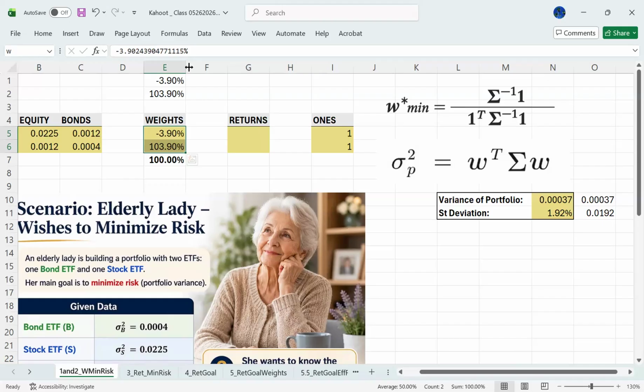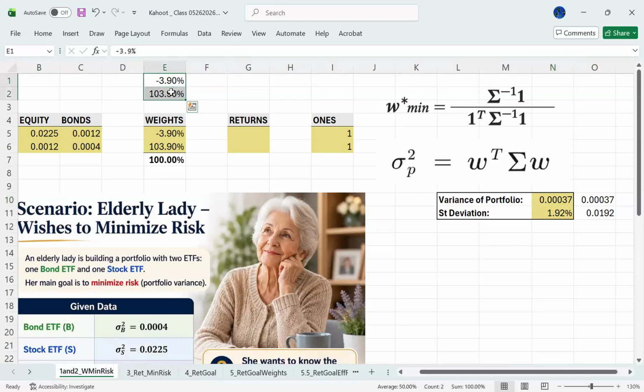And every single time it looks at 0% equity, 100% bonds, and then let's look at the variance. 5% equity, 95% bonds, let's look at the variance. 100% equity, 0% bonds, let's look at the variance. Until after iterating a large number of times, it will search for the weight combination that ends up giving you the least variance, and then these are the weights.